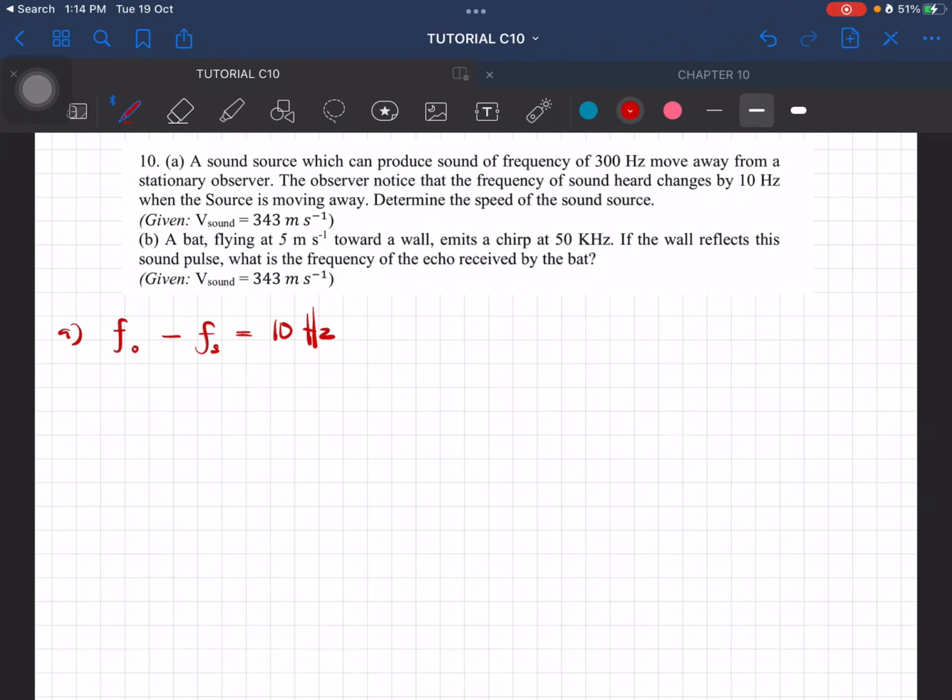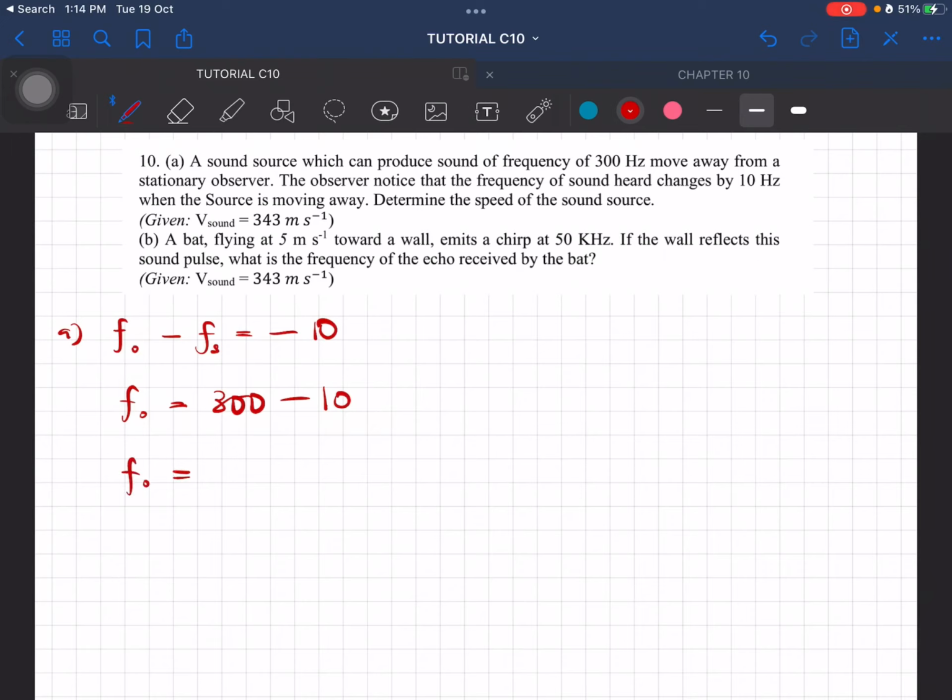Okay, so from here, sorry, this will be -10 sebab dia ada change when it is moving away. So the frequency of the observer, 300 will be minus dengan 10 Hz lah.